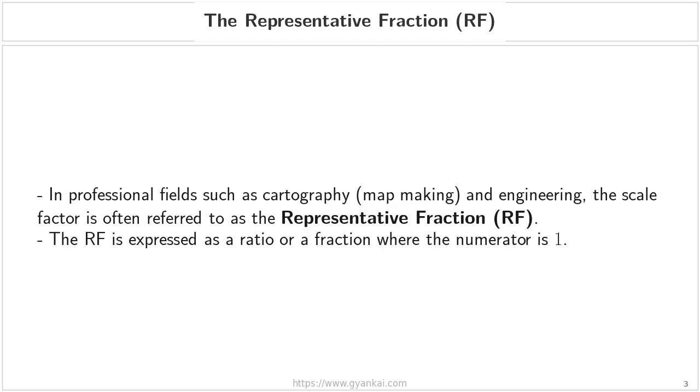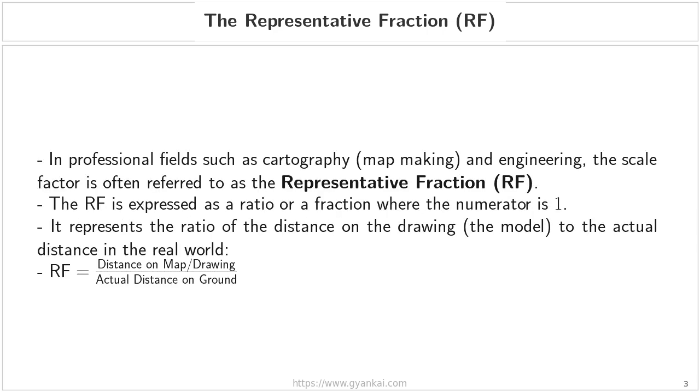The way we write an RF is quite specific. It is expressed as a ratio or a fraction, and we always aim to have a numerator of 1. This makes it very easy to see exactly how much the real world has been shrunk down for the drawing. To put this into a formula, the RF represents the ratio of the distance you see on your drawing or model to the actual distance on the ground in the real world.